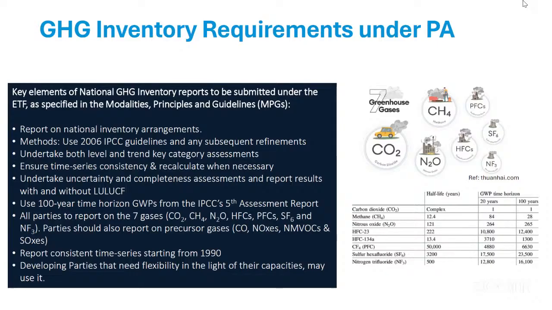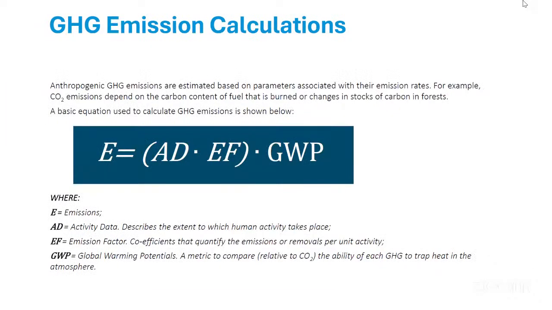All right, let's go to the next. It's important in calculating emissions of various gas classes. There are basically three things required. One, the activity data. Activity data is country specific data.